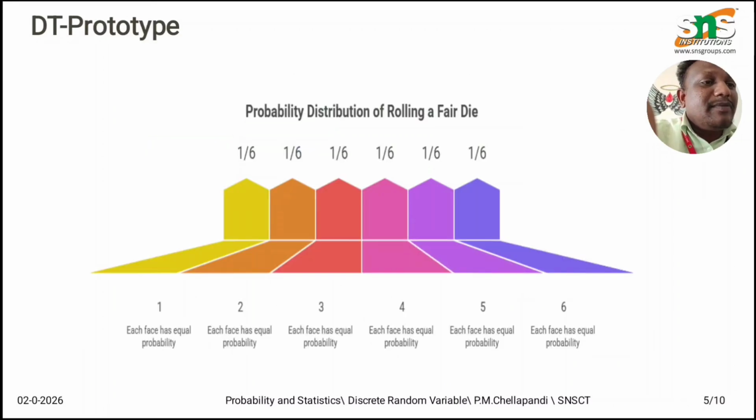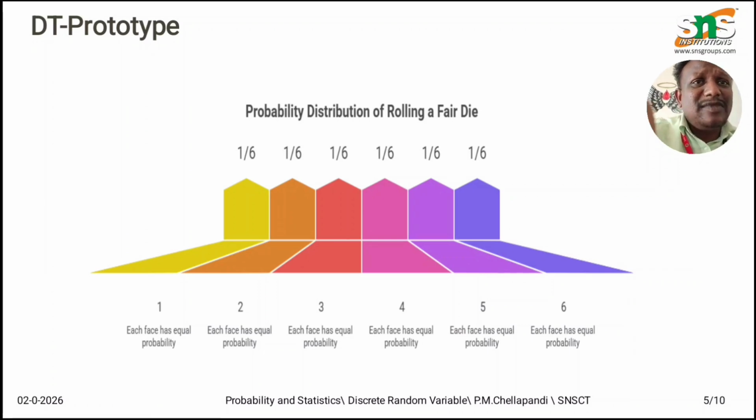Let's jump into the prototype. In the prototype, let's solve a simple problem. A coin is tossed two times. The question is, what is the number of heads? First, we need to understand the sample space for tossing two coins at a time.